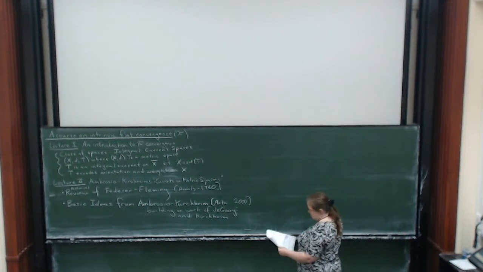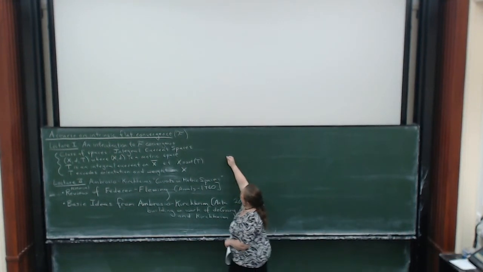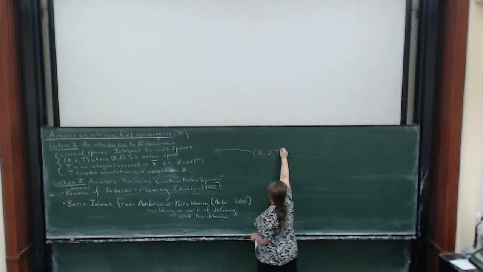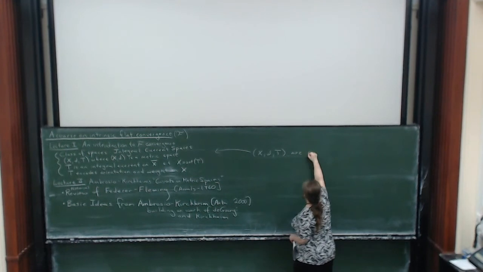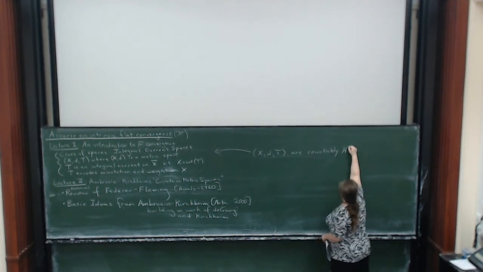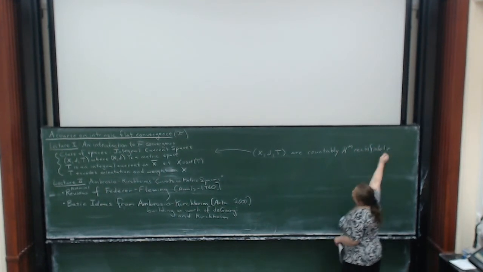So this kind of matches Geely's talk. So let me just emphasize some points here. The world here, these (X, d, T) I mentioned last time, that such (X, d, T) are countably H^m rectifiable. So they have Lipschitz charts.